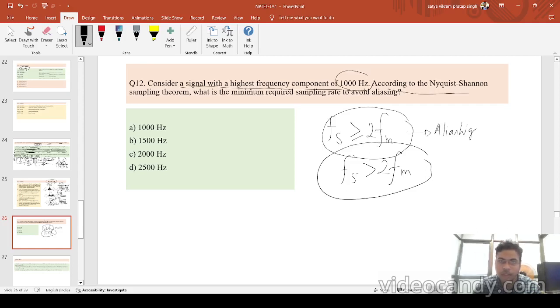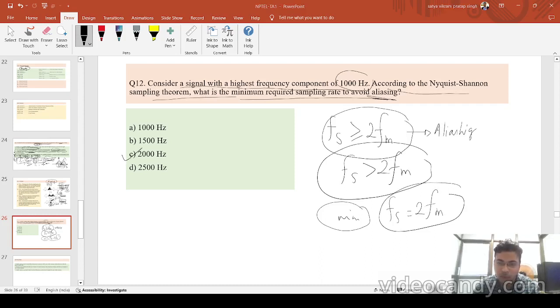According to the Nyquist sampling theorem, what is the minimum required sampling rate to avoid aliasing? Minimum means at a threshold, at a boundary. It means that Fs is equal to 2 times Fm. Its answer will be C.